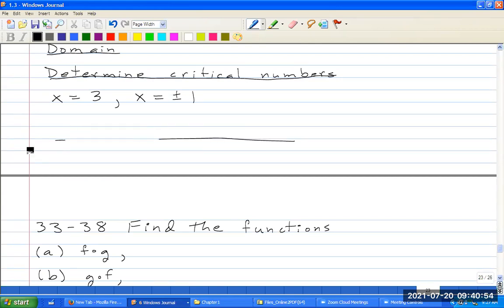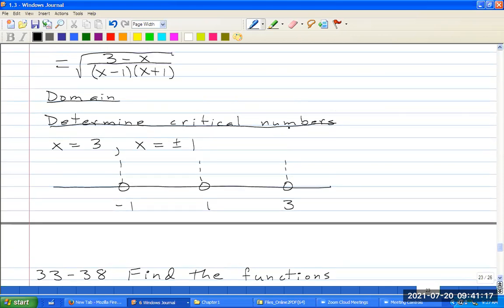I guess I'll need one more page. -1, 1, 3. Okay. Let's determine the signs. Actually, you'll find that the signs are all the same as before.